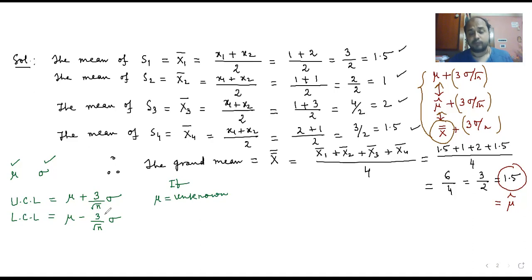If the population mean is unknown and the upper and lower control limits cannot be calculated, then what should we do? Shall we stop the production process and tell everyone that, okay, I do not know the population mean, so I'm closing my factory? Workers don't have to come.